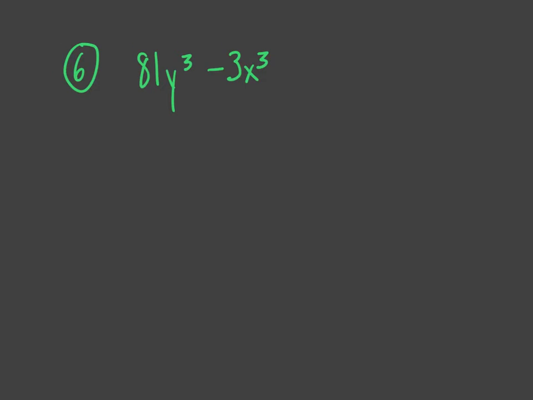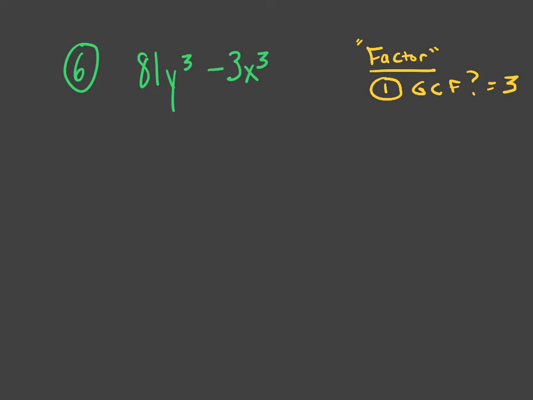Number 6, 81y cubed minus 3x cubed. Greatest common factor. Can't take y out of everything, can't take x out of everything, but the 81 and the 3, if you check with your calculator, they're not both even, but you can take a 3 out.